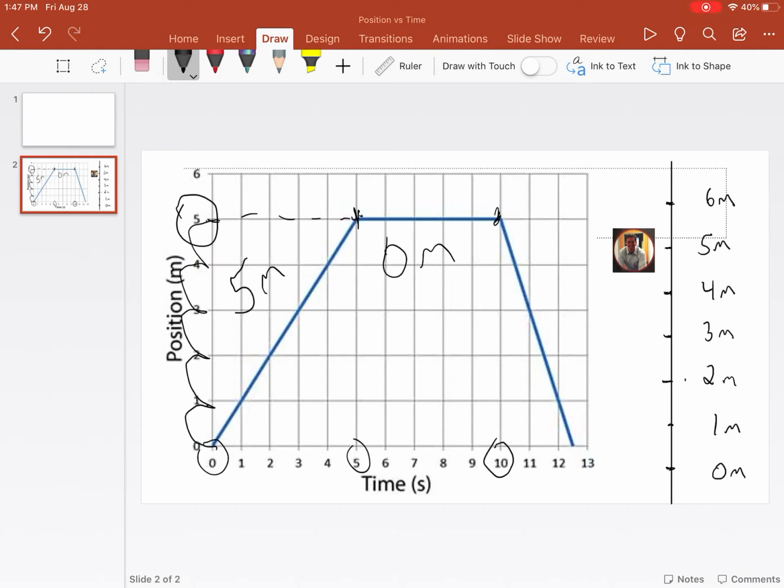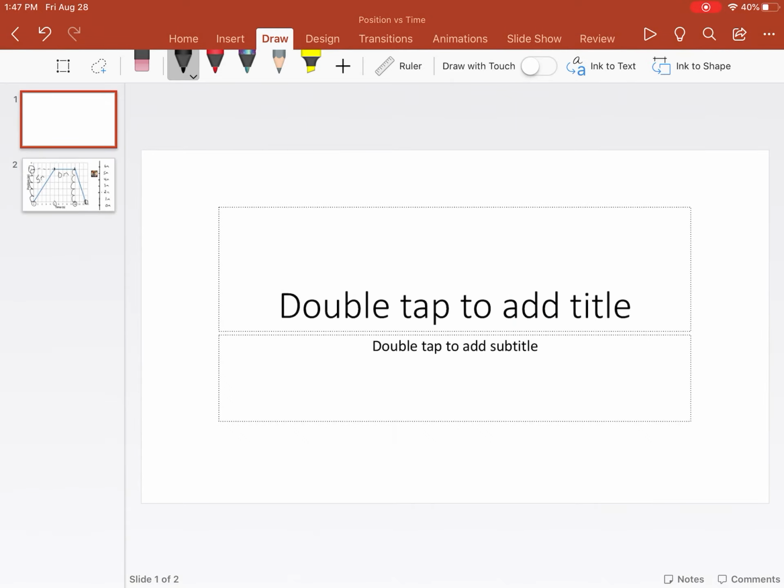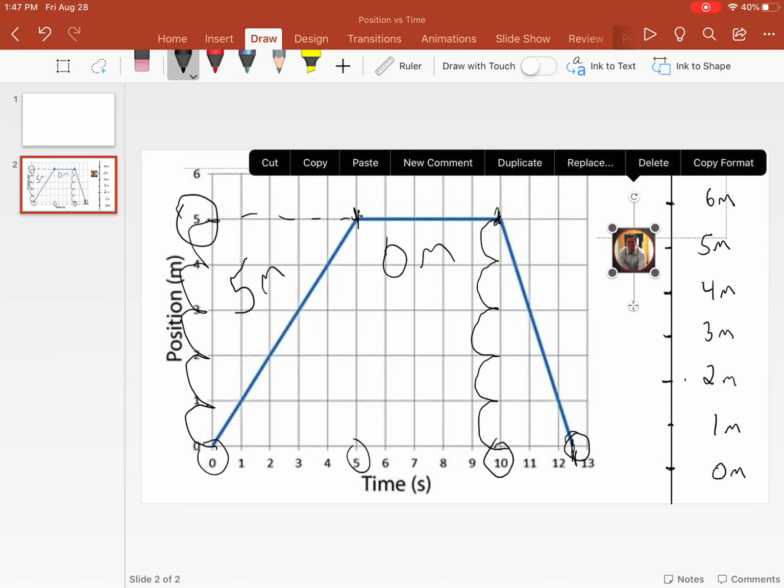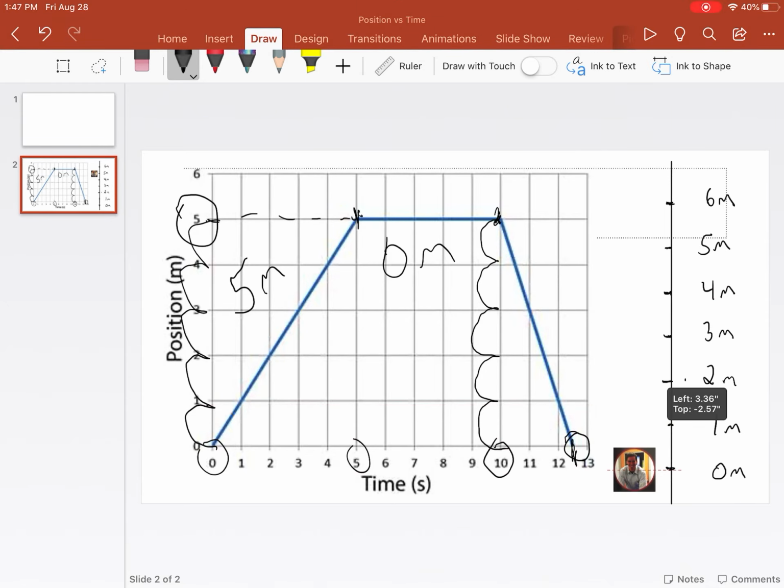Then, in this portion, from 10 to 12.5 seconds, I came all the way back down to 0. So I went 1, 2, 3, 4, 5 meters back down the number line. All the way back down to 0 meters.